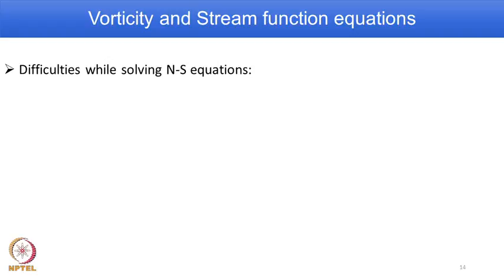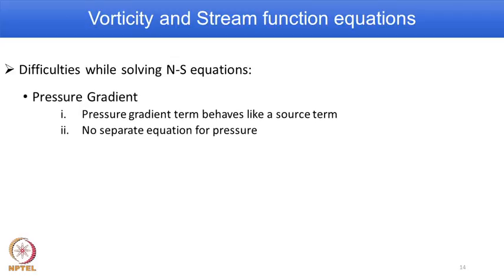We go to the next important topic, what is known as the vorticity stream function equation. There are certain difficulties while solving the Navier-Stokes equation. What are the difficulties? One is the pressure gradient. The pressure gradient term appears on the right hand side, ∂p/∂x, ∂p/∂y and ∂p/∂z.